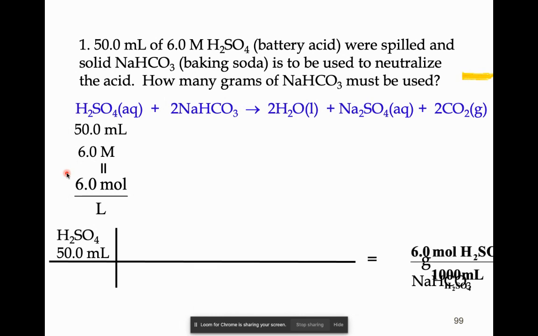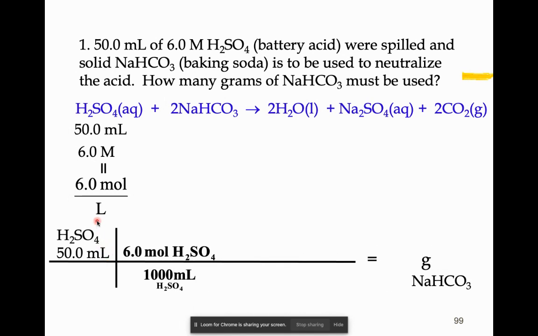All we need to do is convert liters to mL, and we remember that 1 liter is equal to 1000 mL. Now we see how the mL of H2SO4 cancel and we end up with moles of H2SO4. Now that we have our moles of substance A, we can get the number of moles of sodium bicarbonate.